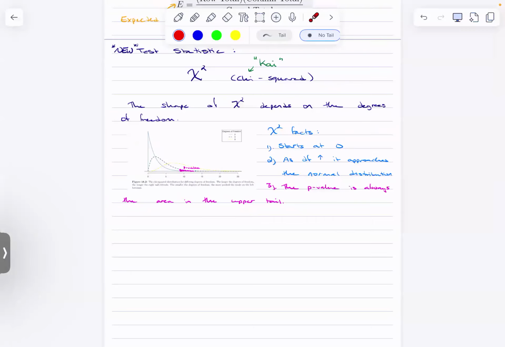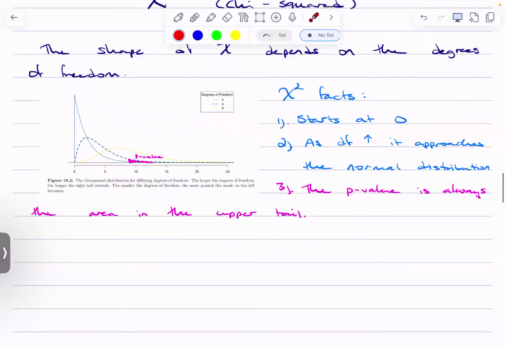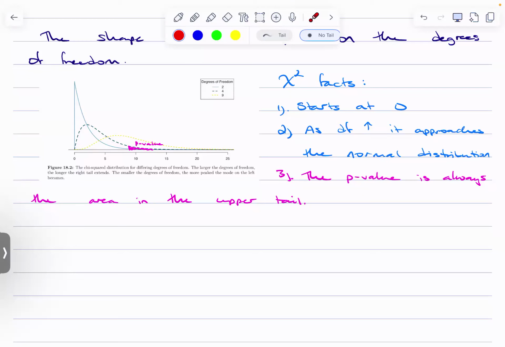Let's talk about this. Since I've said degrees of freedom so many times already, how do we find the degrees of freedom?